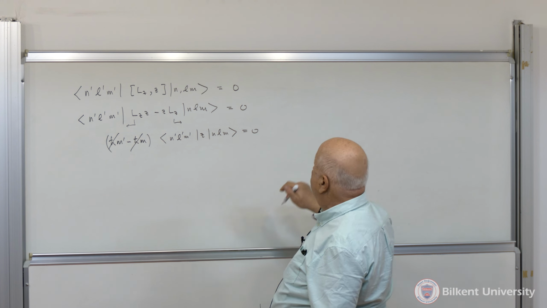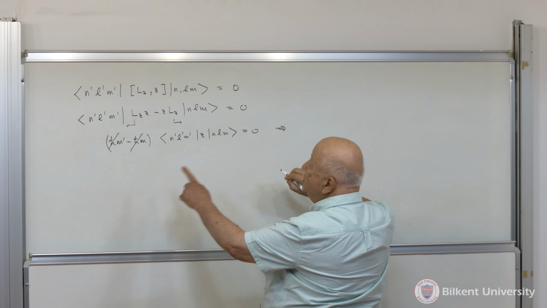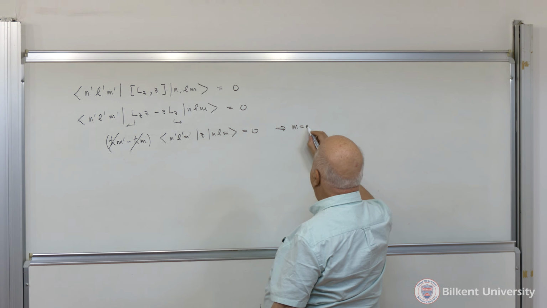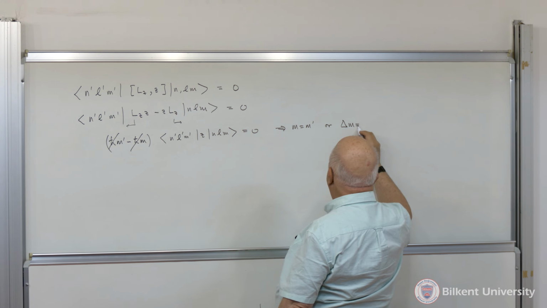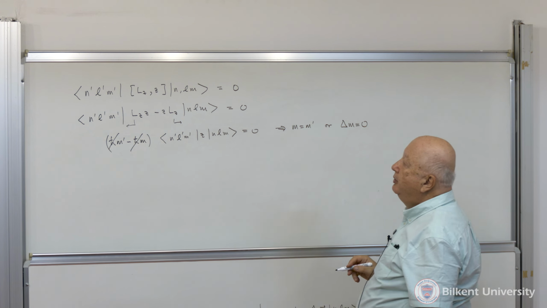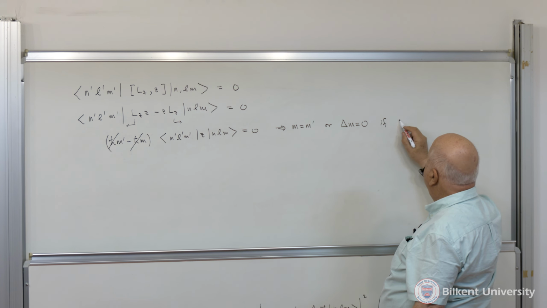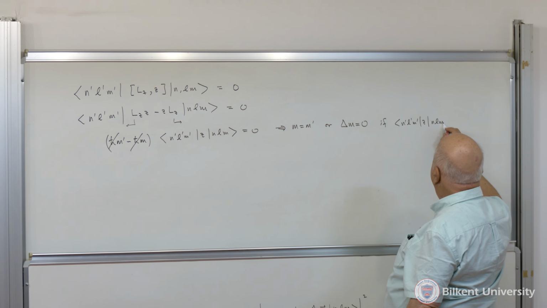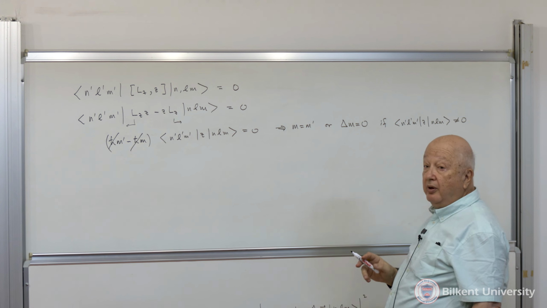So this implies that the change in m, so m equals m prime, or another way of saying it is that delta m is equal to 0, if n prime, l prime, m prime, z, n, l, m is not equal to 0.